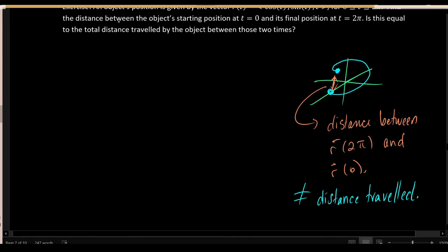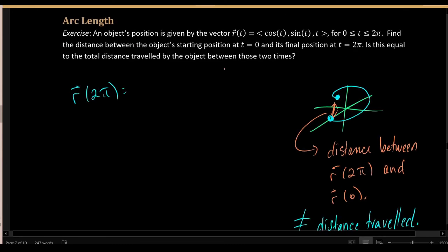If I calculate r of 2 pi, the object's final position, then 2 pi gives me 1 from cos, nothing from sine, 2 pi from t. If I plug in 0, I likewise get 1 from cos, then 0 from t.